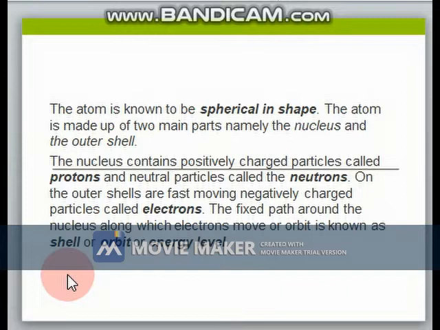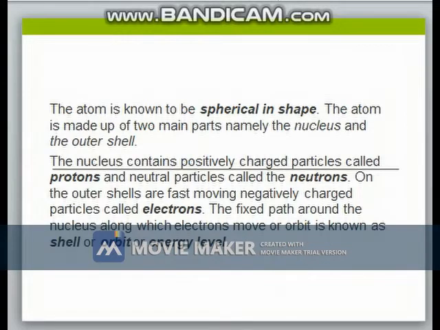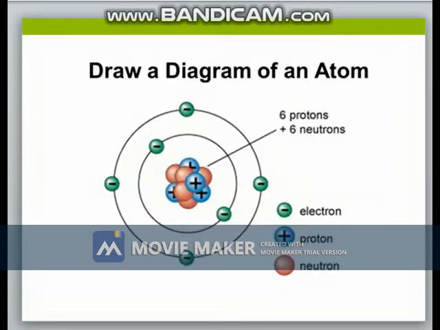The fixed path around the nucleus along which electrons move or orbit is known as shell or energy level.